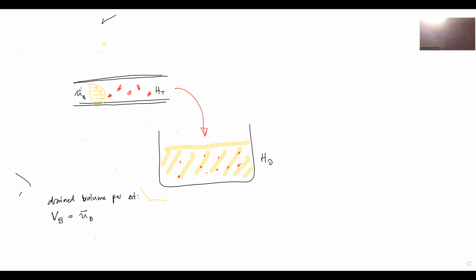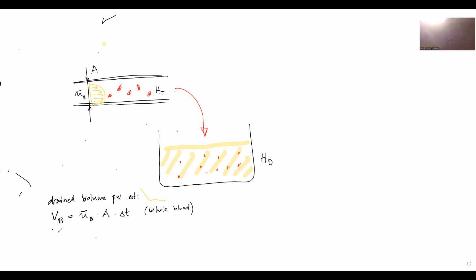Now you can consider this to be like the mean of this yellow velocity profile. And if we multiply this by the cross-sectional area A, this would be the cross-section of the tube, and if we multiply this by delta T, then we get the drained volume of blood, namely whole blood, so the plasma and the RBCs together.